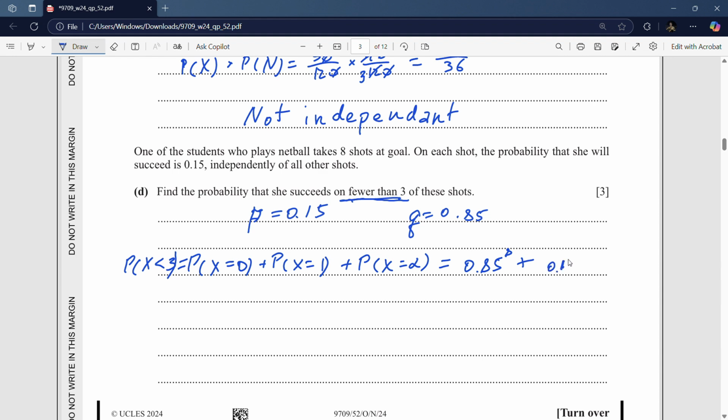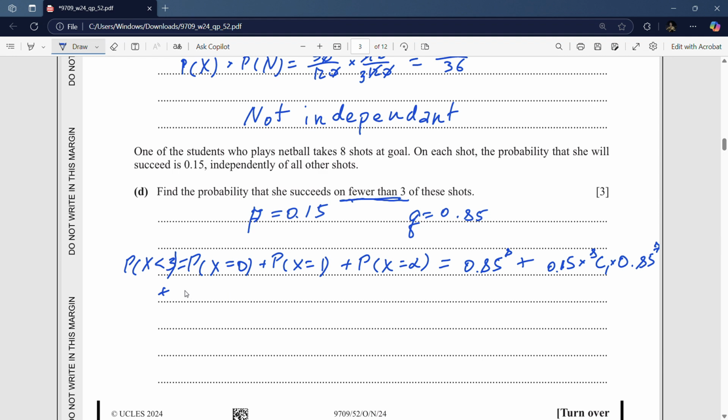So 0.15, but we should multiply it by 8C1 because we don't know which shot will succeed, and we have 7 failures again.